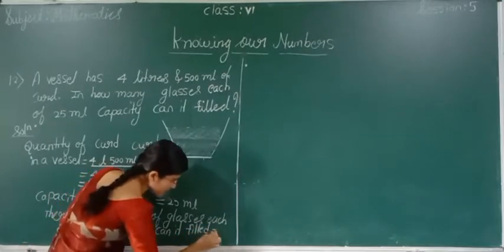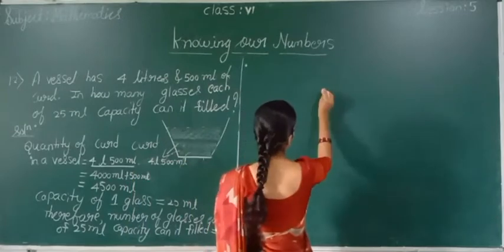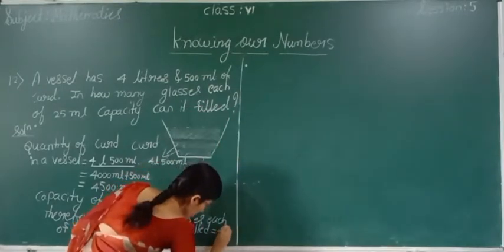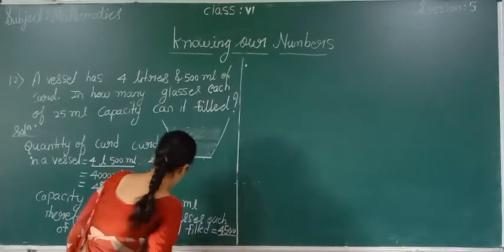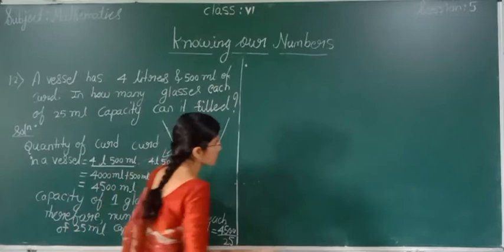It is nothing but we have to do division here. Yes or no? See here, 4,500 divided by 25. Okay, do the division.